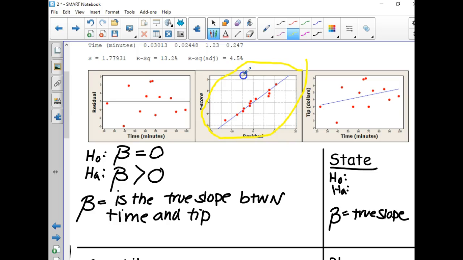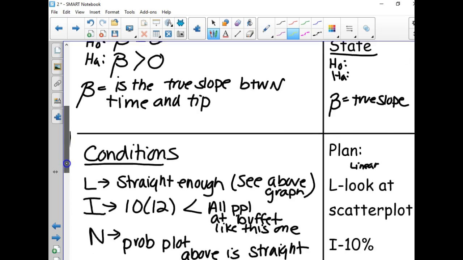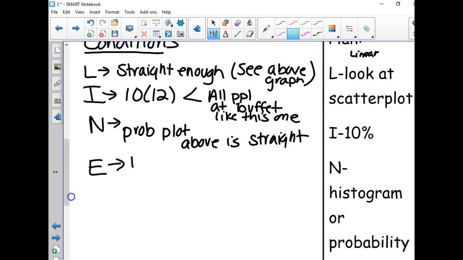So if you would draw a line from it, you see kind of like some kind of sine, cosine, little up and down wave, right? You don't want to see a U. You don't want to see a fan where it would go, whoop, okay? Questions there? So we say residual plot above has no pattern.